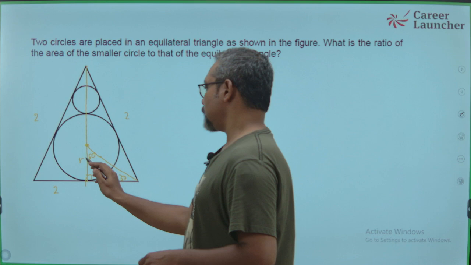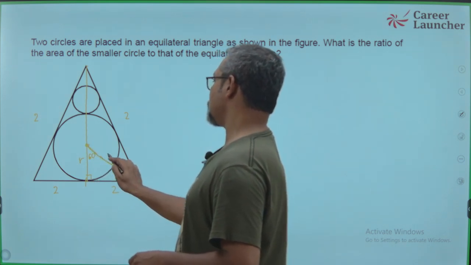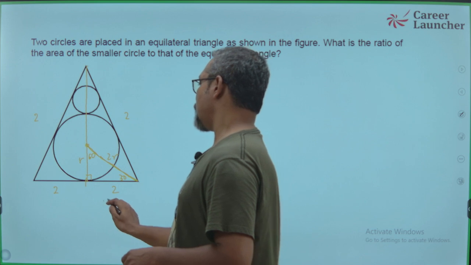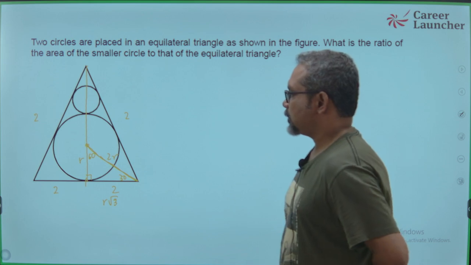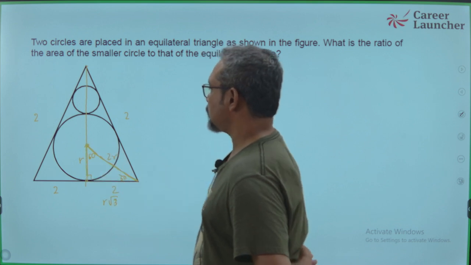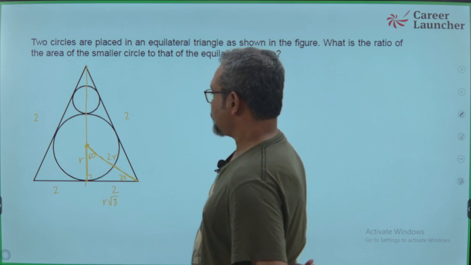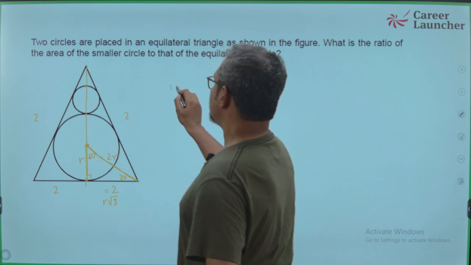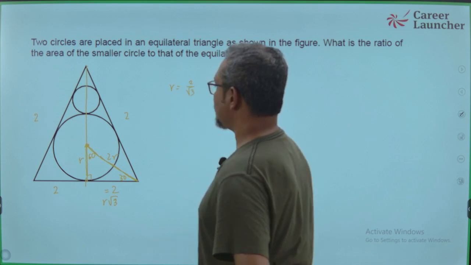In the 30, 60, 90 triangle, opposite 30 is the radius of the circle r, so opposite 90 would be 2r, and opposite 60 would be r root 3. r root 3 is given to be 2. So we straight away get r to be 2 divided by root 3. So that's one step done.